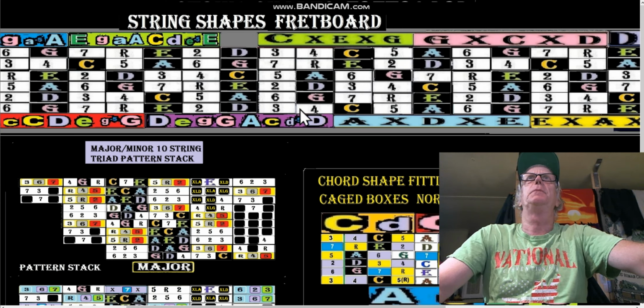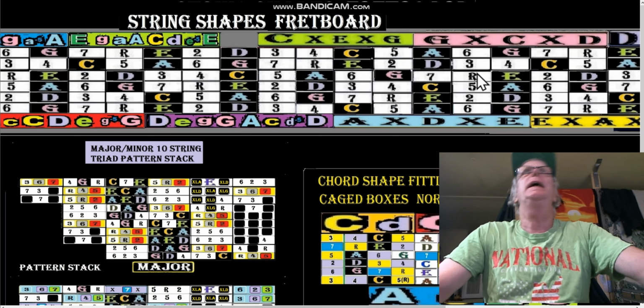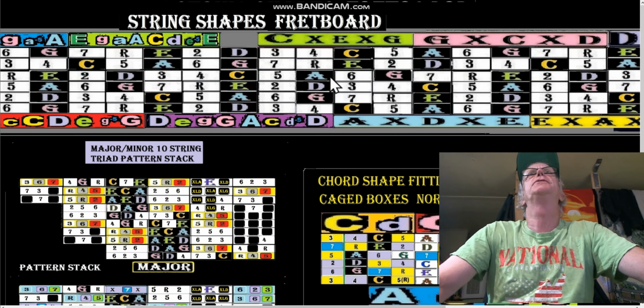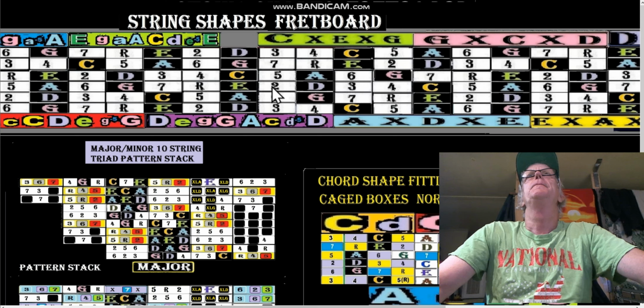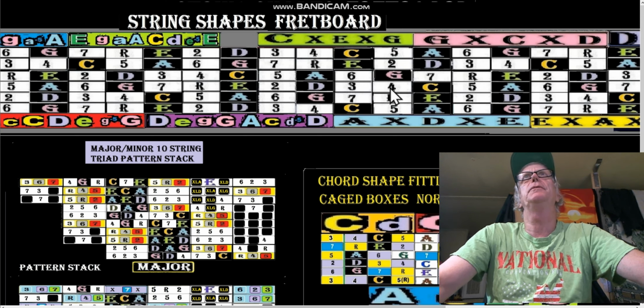So D is surrounded by 3, 4, and then 2 on the left. Any letter is surrounded by either two notes a half step apart or a single note, and that defines that string shape by definition. That's from previous charts and lessons that we know now.